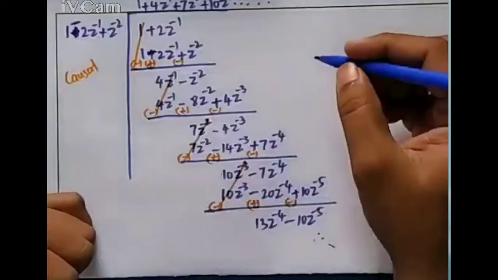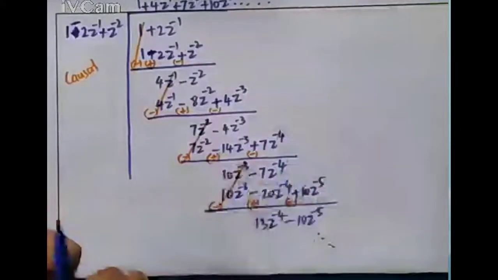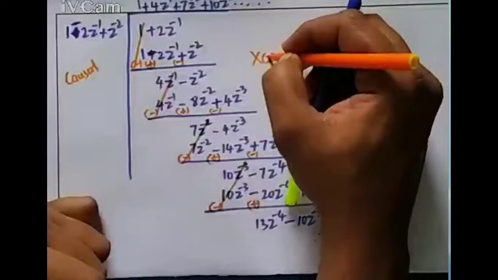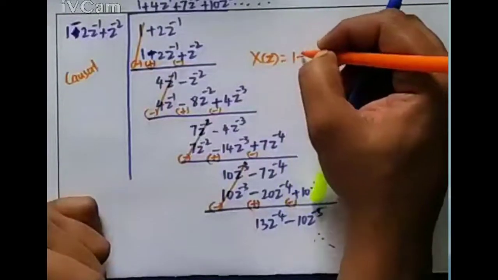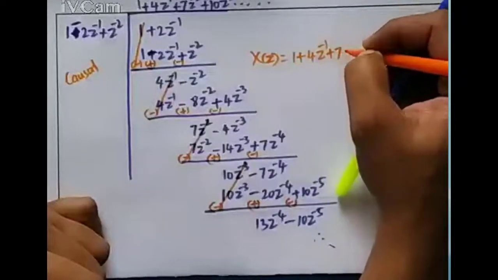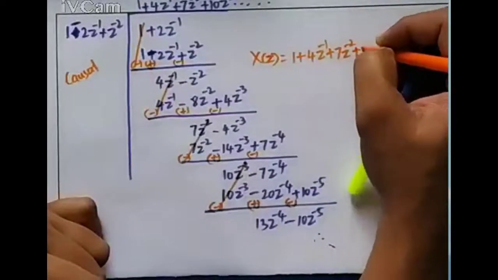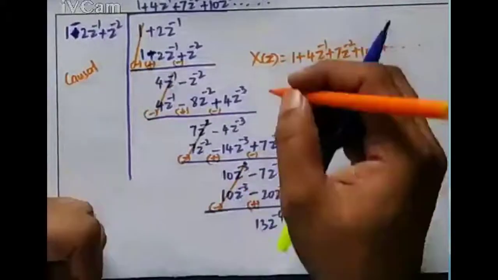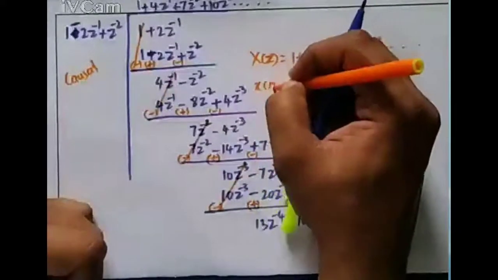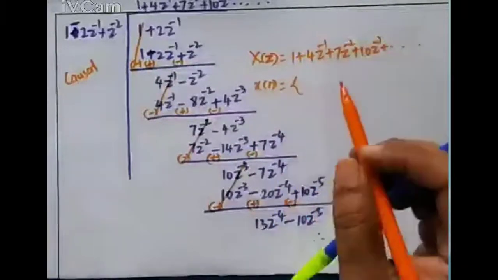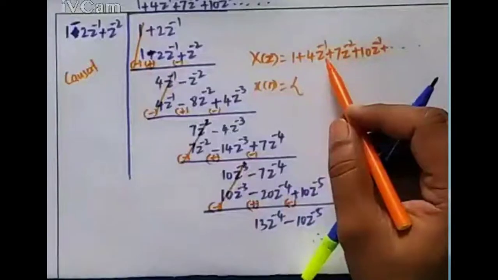Okay, so what will be my X(z) here after division? My X(z) will be 1 plus 4z^-1 plus 7z^-2 plus 10z^-3, and it will go. So based on that I can write x(n). You have to understand that the powers of z are negative.